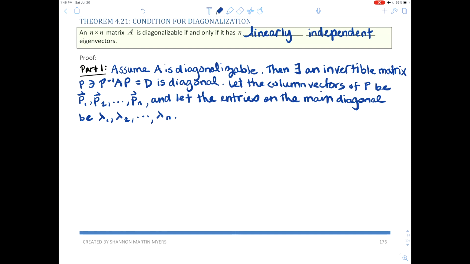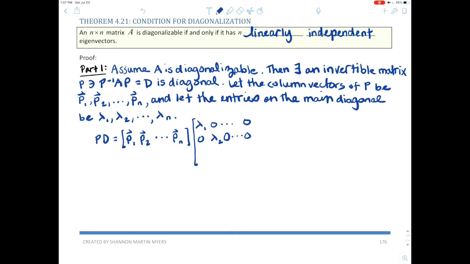Well, let's think about what we'll have. If we were to multiply the matrix P times our diagonal matrix, what are we going to have? We're going to have P1, P2, all the way down to Pn. And we're going to multiply this to our diagonal matrix, which will be lambda 1, 0, dot, dot, dot, 0, and then 0, lambda 2, 0, dot, dot, dot, 0.